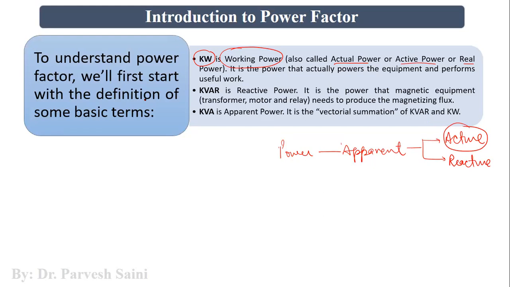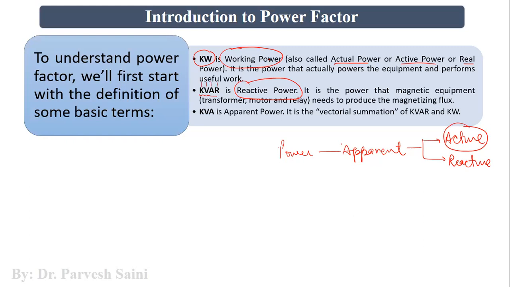So this power we call the reactive power, and this power is measured in kilovolt ampere reactive. Actually the unit is volt ampere reactive, but since the magnitude of the power for power systems or electrical systems is quite high, we generally measure this in kilovolt ampere reactive, right?